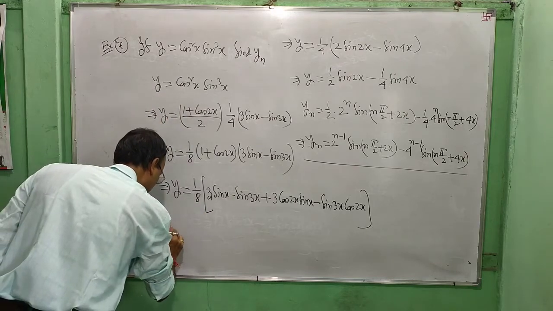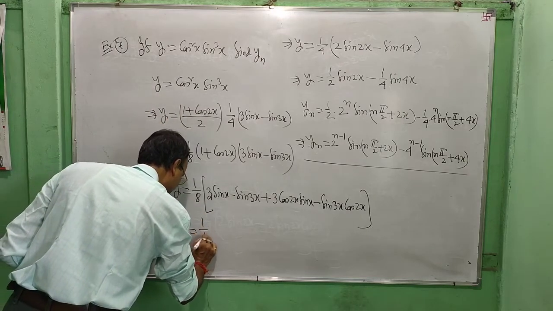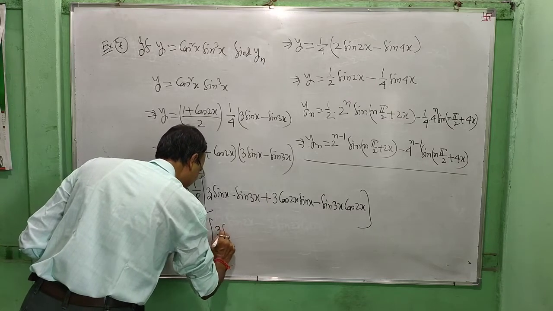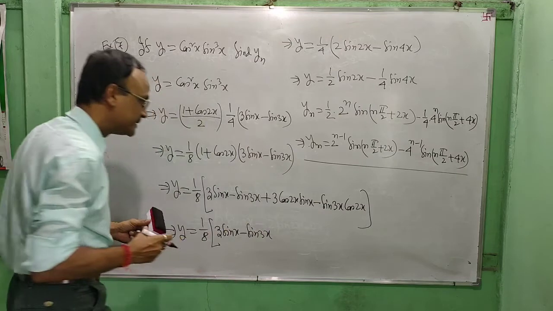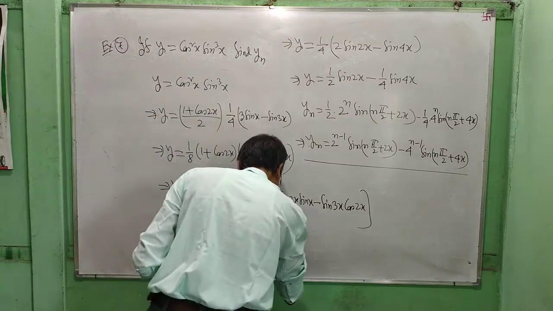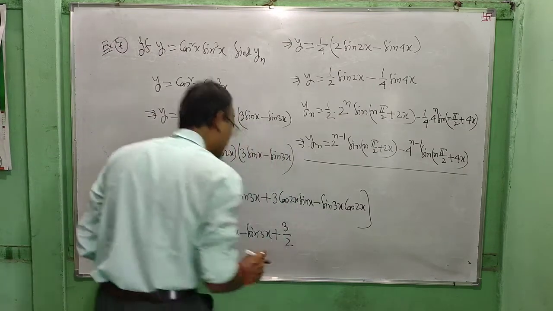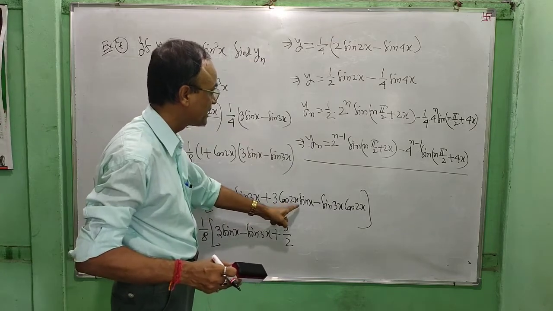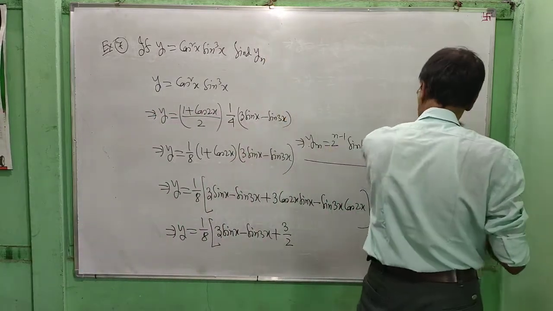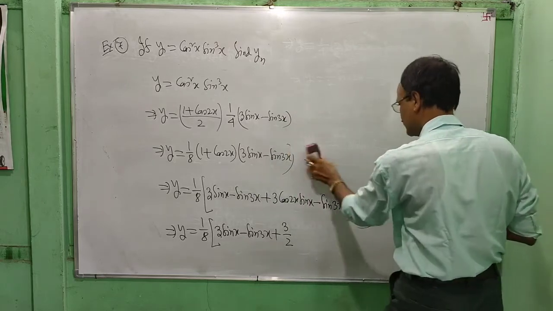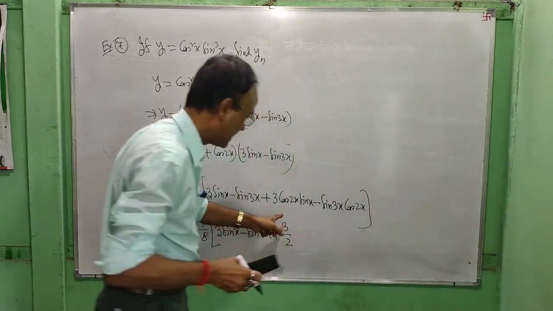This means y equals 1 by 8 (3 sin x minus sin 3x) plus 3 by 2.